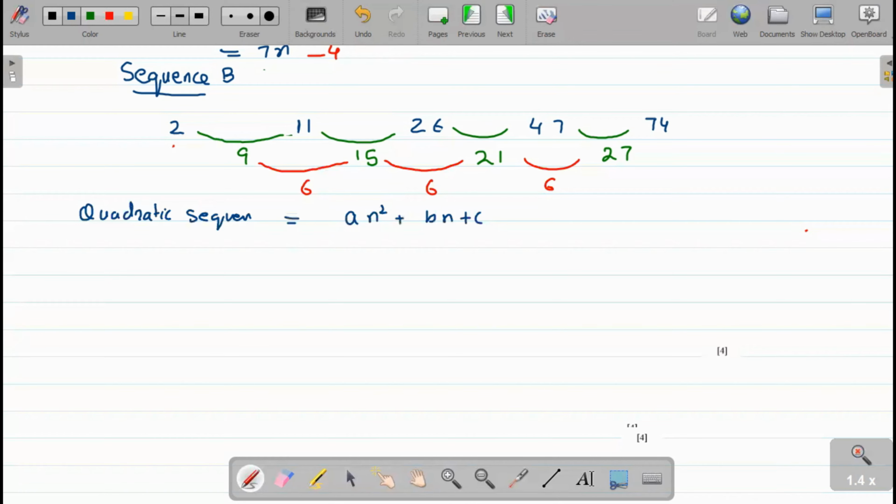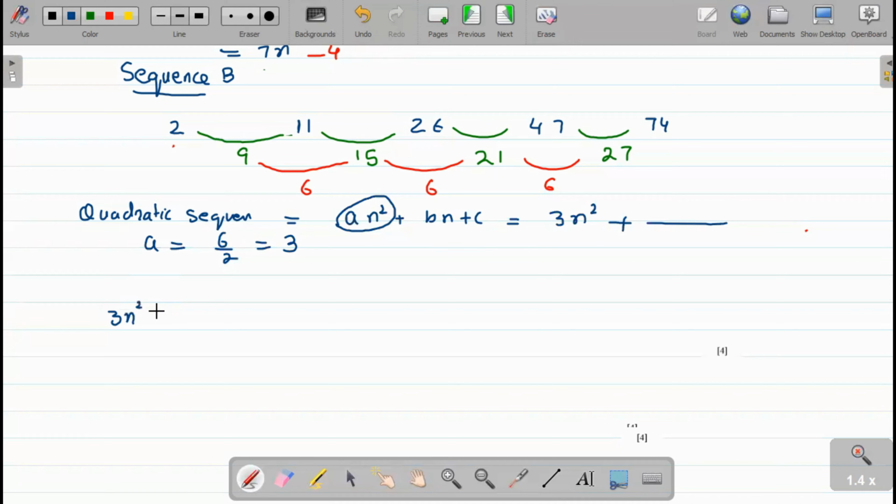Now, firstly, we find the an square. The a can be found from the second difference: we divide it by 2, and we get the answer 3. Now, we make the sequence with 3n square.